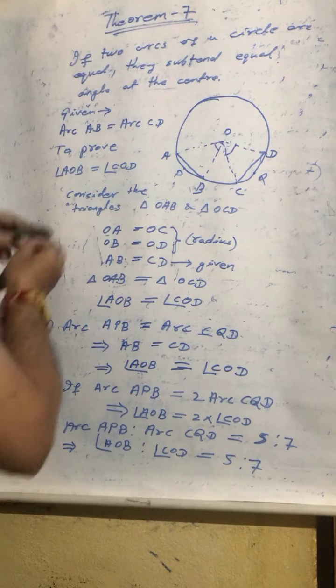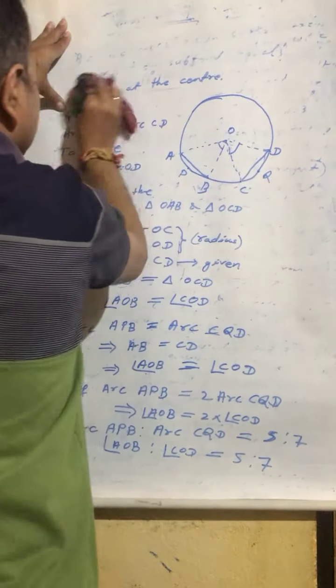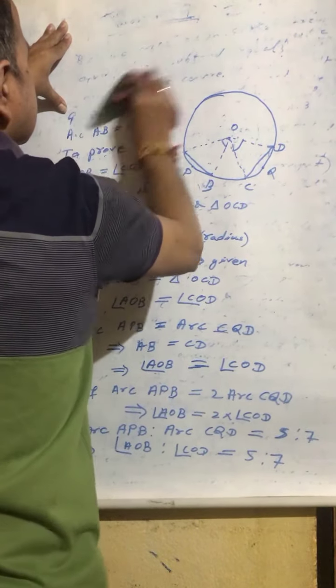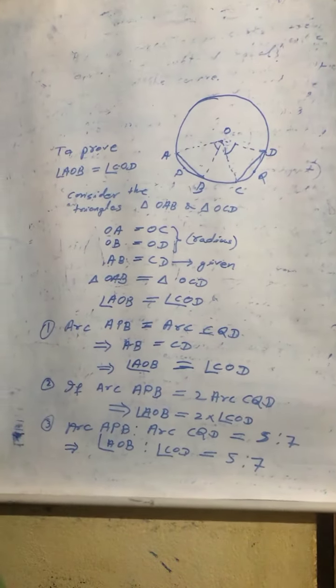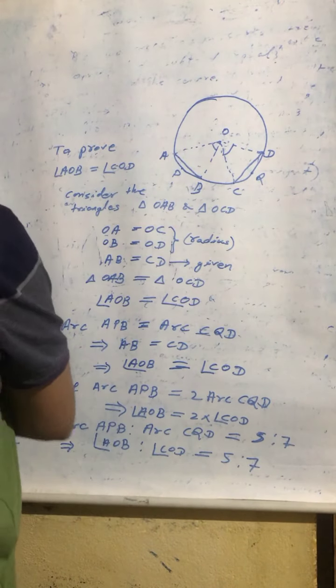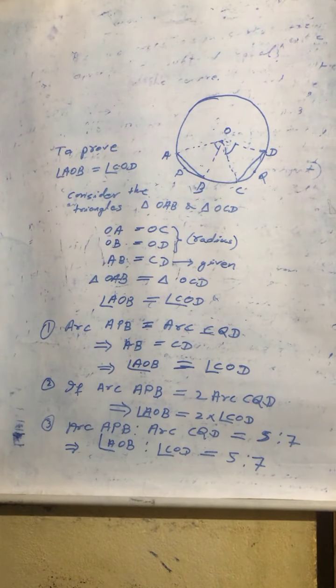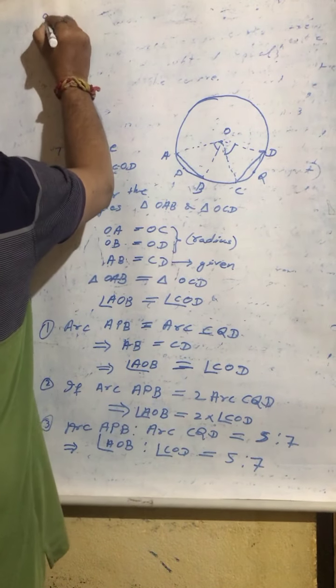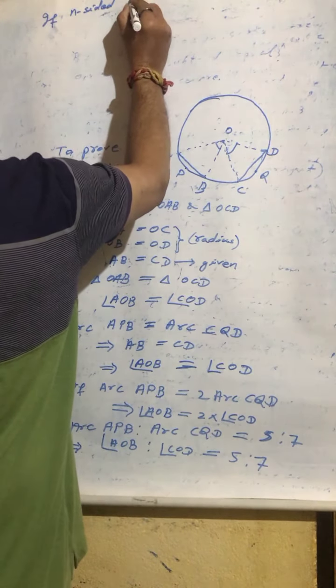Another thing, just recall. If an n-sided regular polygon is inscribed in a circle, then the angle subtended by each side, or arm, of this polygon at the center of the circle is 360 by n.